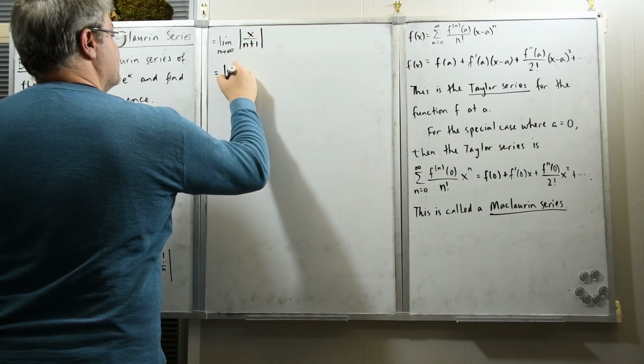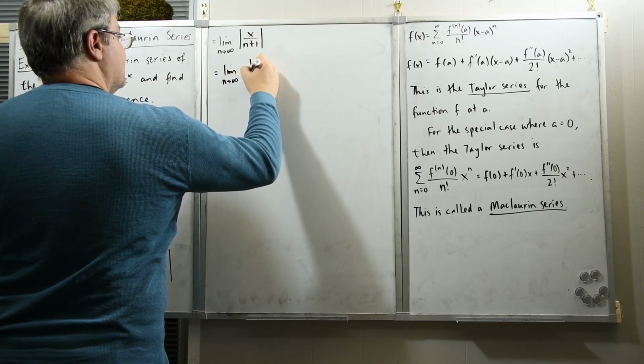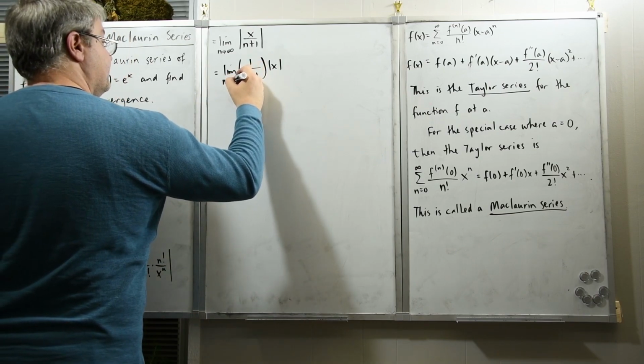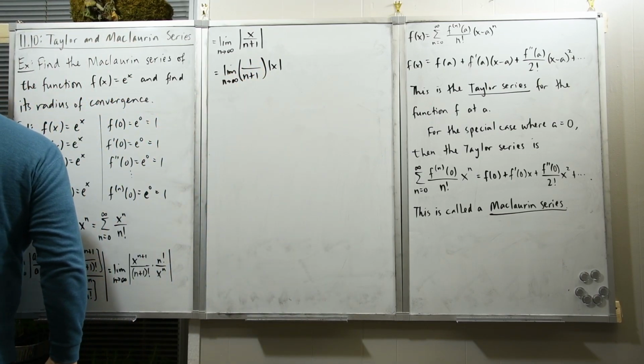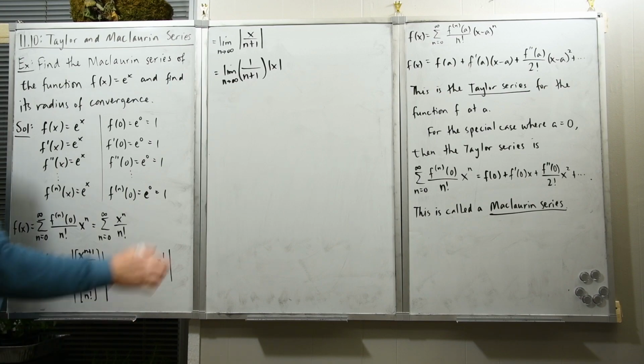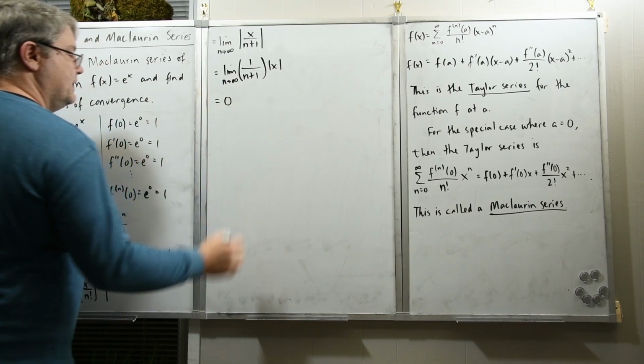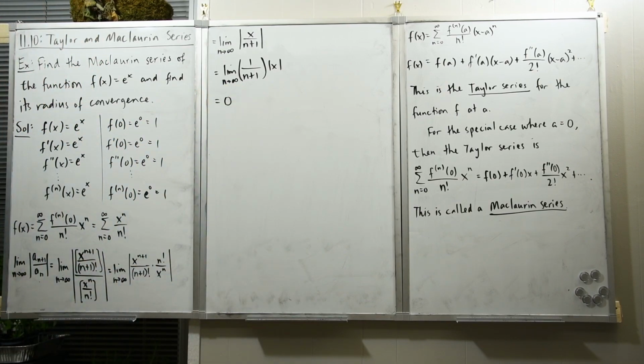So we can think of this as the limit as n approaches infinity of 1 over n plus 1 times the absolute value of x. Now, as n grows larger and larger, 1 over n plus 1 is getting closer and closer to 0. So this limit is actually 0, no matter what real choice of x we have.